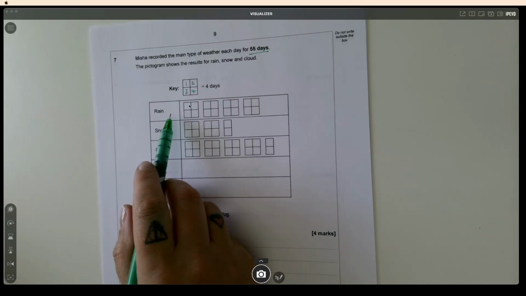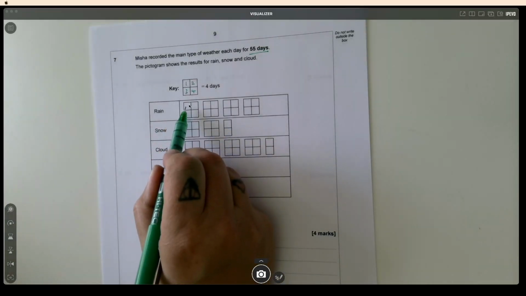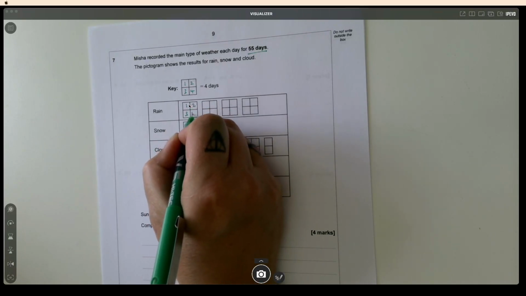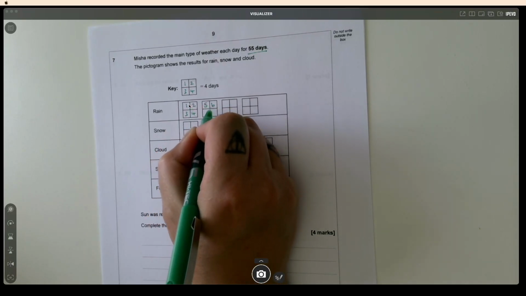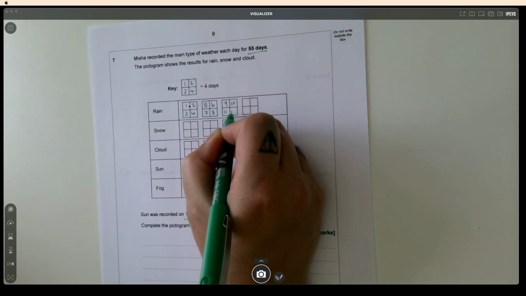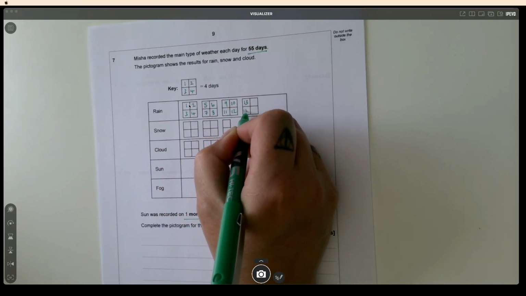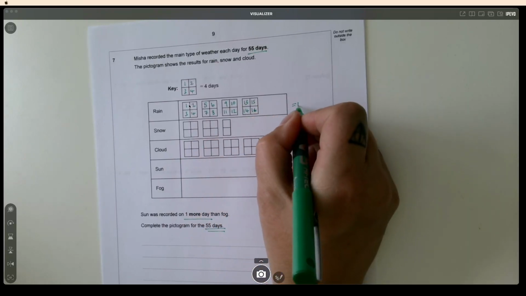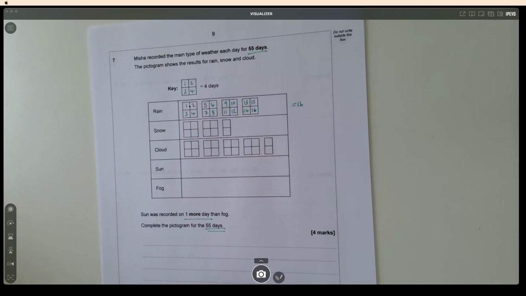So we're going to find the total days for rain first. Remember, each little square is worth 1. 1, 2, 3, 4, 5, 6, 7, 8, 9, 10, 11, 12, 13, 14, 15, 16. So rain was 16 days.